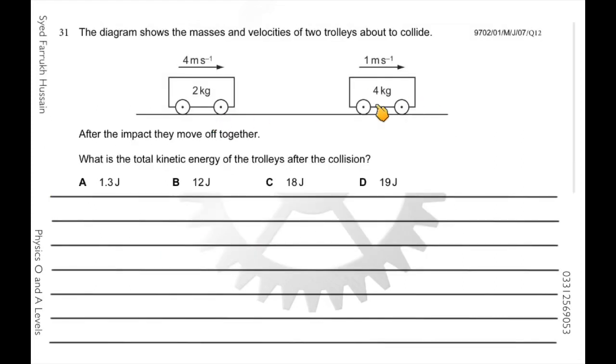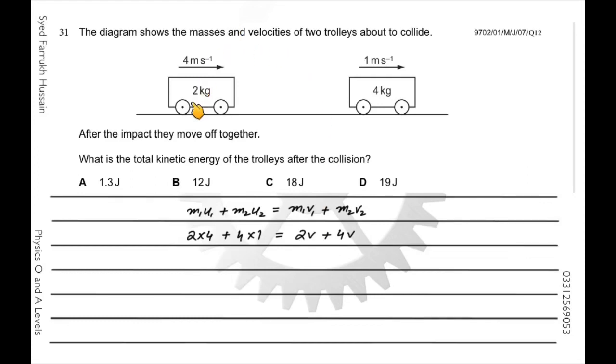In this case, the two objects collide and stick together, so we have to find out the total kinetic energy after collision. Let's first find out the speed of the system after collision. According to law of conservation of momentum, 2 times 4, initial momentum of this system, plus 4 times 1, initial momentum of this system, is equal to total momentum of the system after collision.